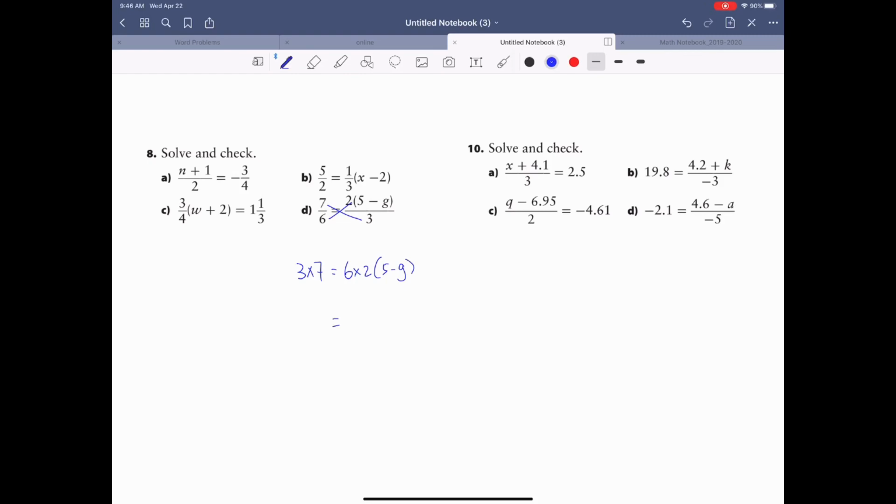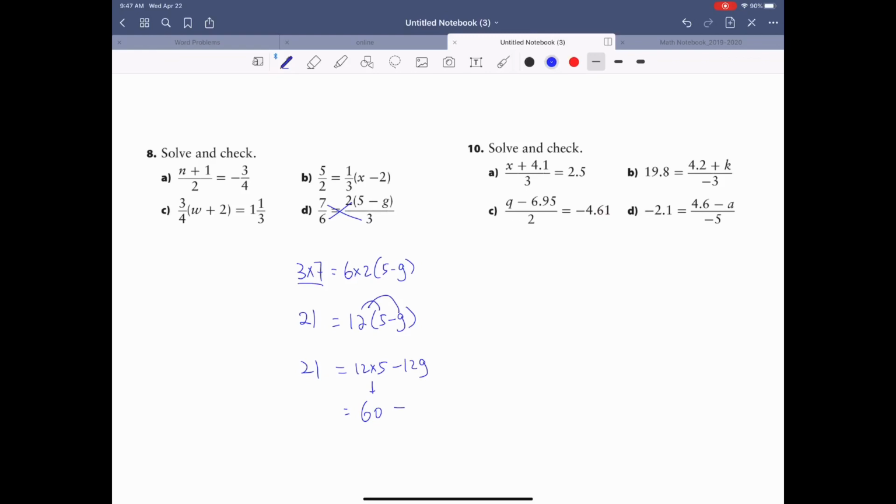So solve for anything you can solve first. 3 times 7, 21, 12 times 5 minus g, okay, 21, and then that's 12 times 5 minus 12g, and that's 60. I'm using distributive property here, okay, basically.